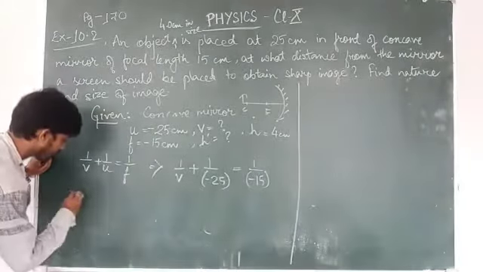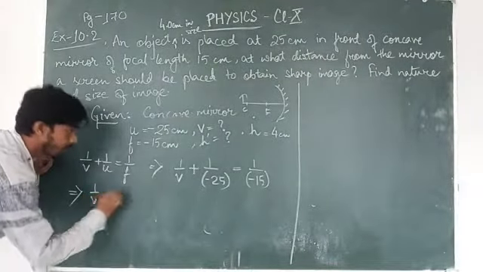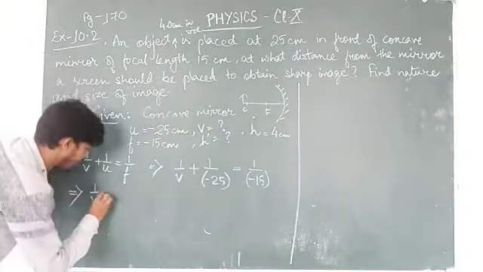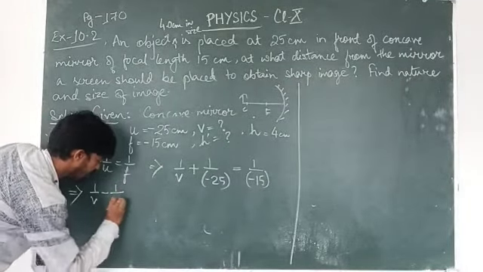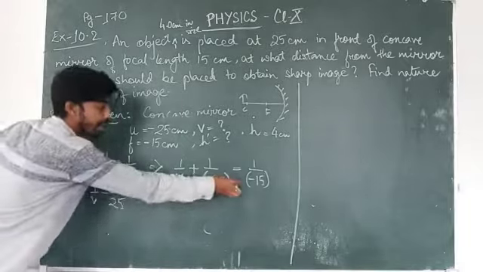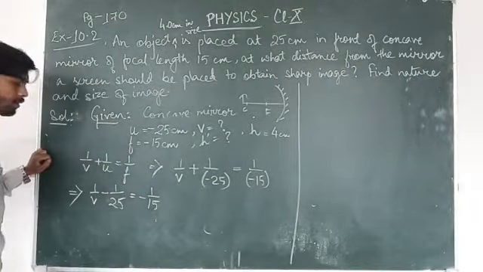Next, for 1/v, we will remove the brackets, so it will become minus 1/25, equal to, again removing the brackets, minus 1/15.